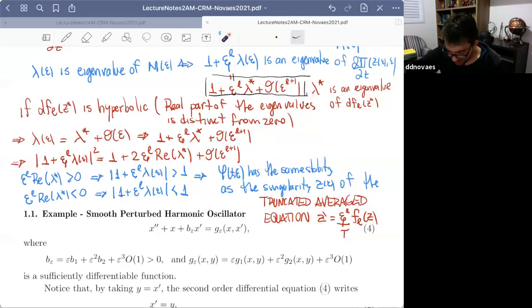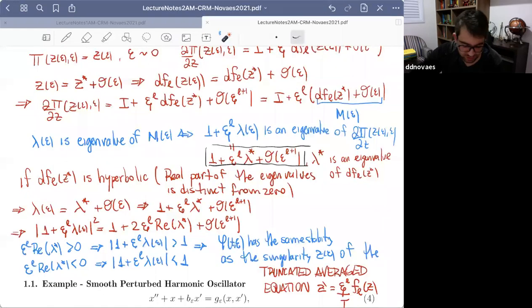And if it's a hyperbolic singularity, meaning that the Jacobian of this vector field evaluated at Z star has eigenvalues with real parts distinct from zero, then the stability of the periodic solution provided by the averaging method coincides with the stability of the singularity of this truncated averaged equation.